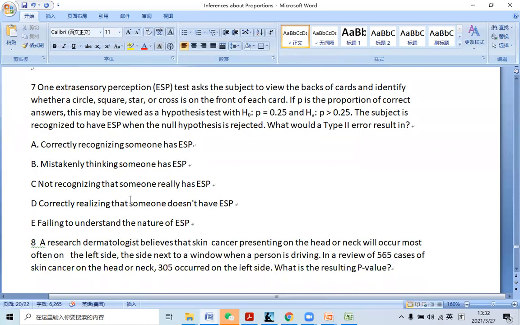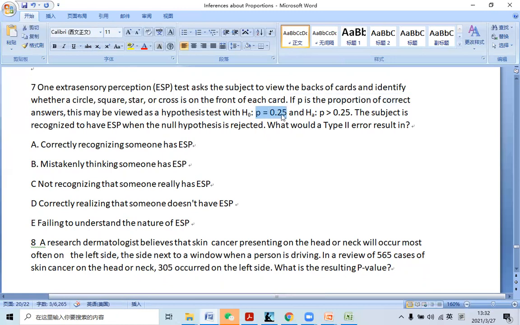How about C? Not recognizing that someone really has a special power. Is that a type 2 error? That sounds like a type 2 error. When somebody really has special power, that means the null hypothesis is false.